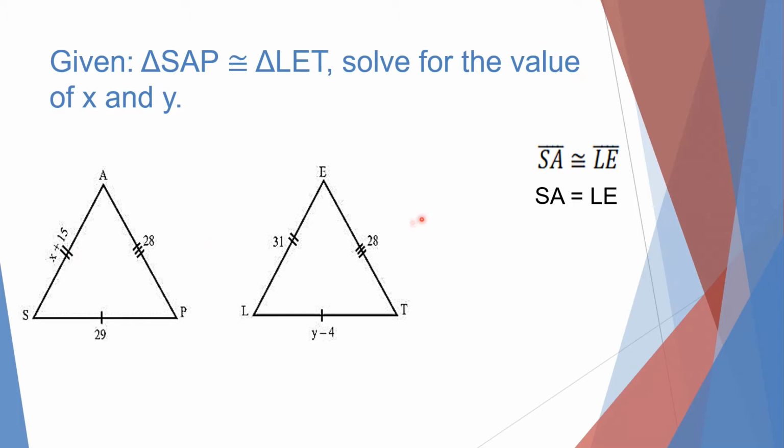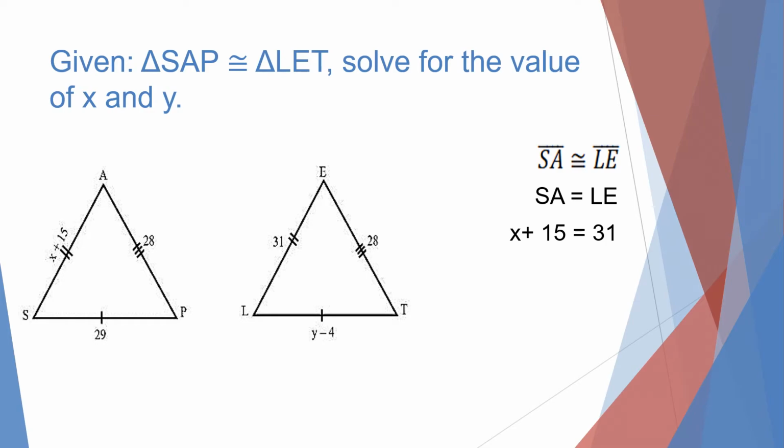Tama, x plus 15. At ano ang katumbas ni LE sa illustration, we have 31. So, si x plus 15 at si 31, ipapalit natin dito kay SA at LE. Kaya, mag-a-apply tayo ng substitution property of equality. That's why magiging x plus 15 equals 31 na siya.